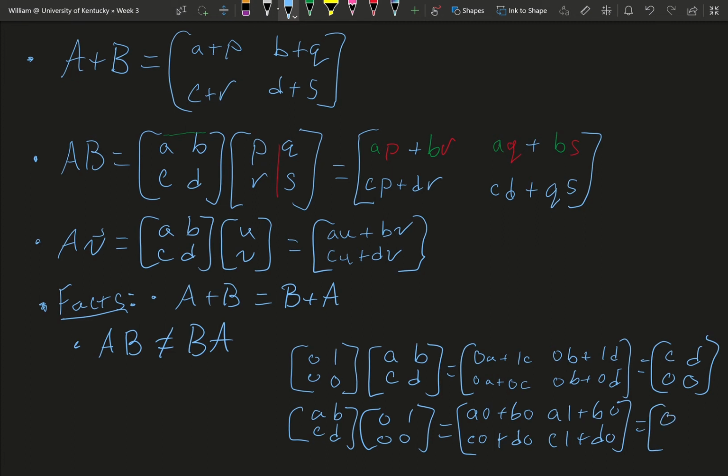Then I end up with instead the matrix 0, A, 0, C. And as we can see, these should not be the same, at least for basically all choices for A, B, C, and D.